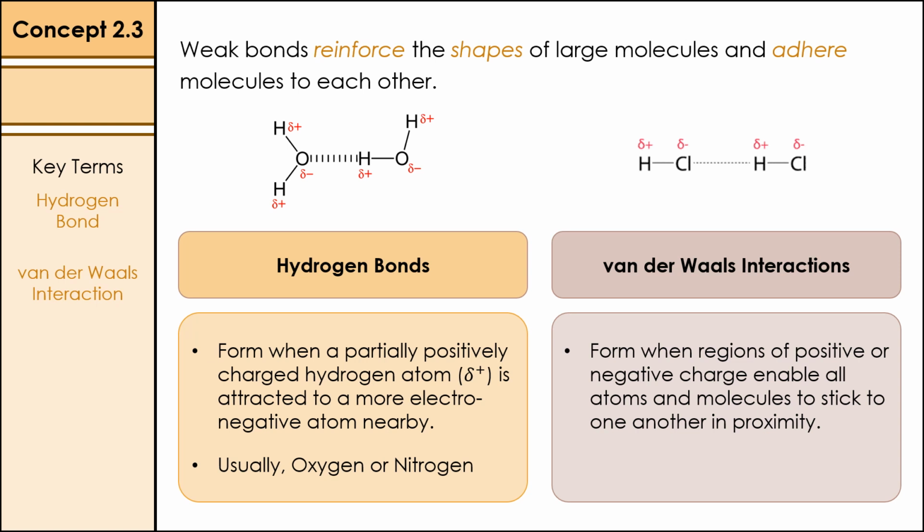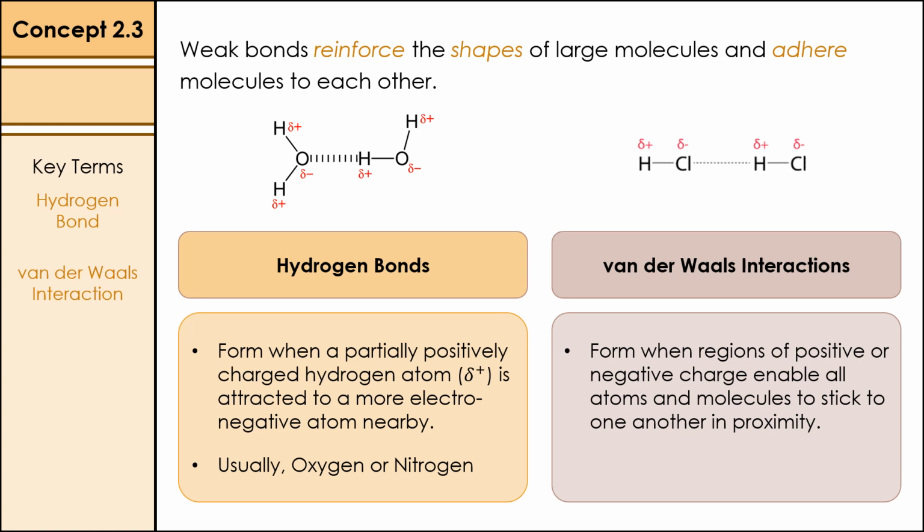And not to dismiss van der Waals interactions, but these are interactions that help molecules stick together or create kinks and bonds within larger structures. They're going to come back when we talk about protein structure, specifically the tertiary structure of our polypeptides. But they don't get as much love as the hydrogen bonds.